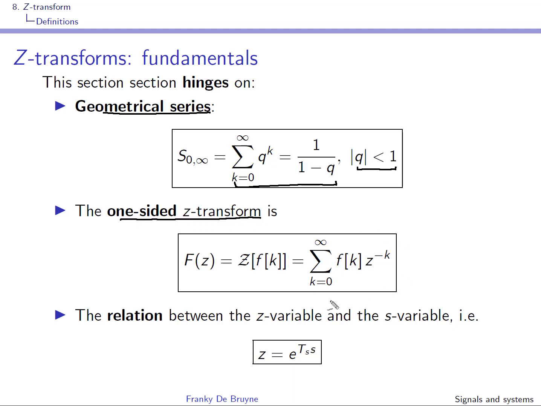This is something that you should be able to obtain from the Laplace transform of a sampled signal. And remember that once you write this z transform, at some stage you say that z is written as the exponential of Ts s. So there is a relation between the z variable and the s variable.